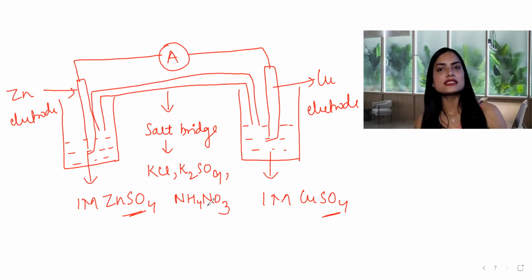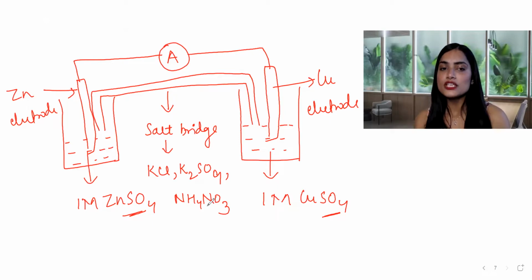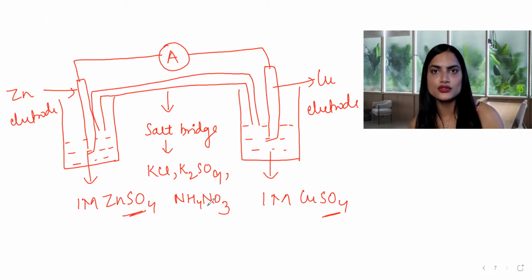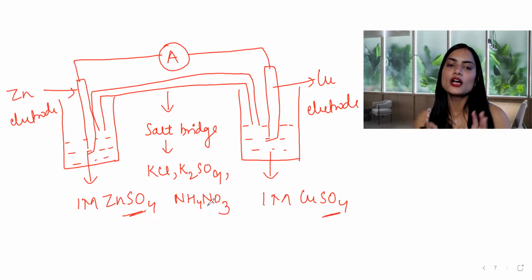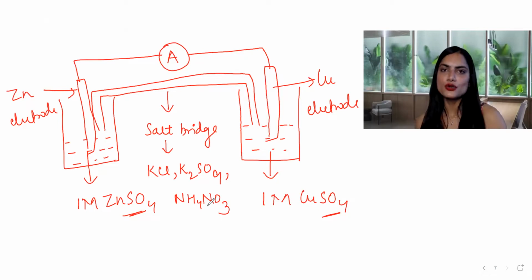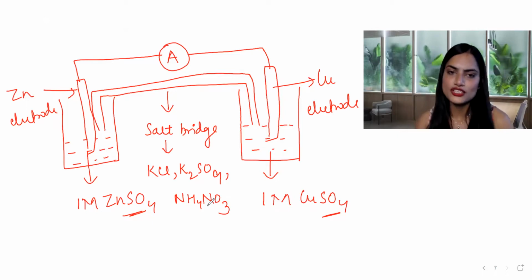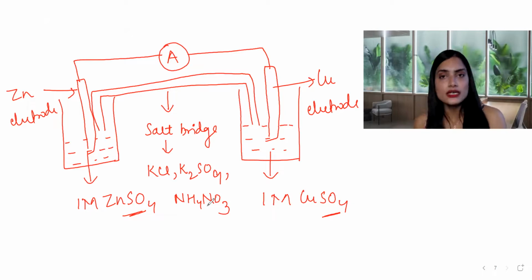That means the circuit is completed externally, and internally the ZnSO4 and copper sulfate electrolytic solutions are connected through a salt bridge, an inverted U-tube containing a semi-solid solution of inert electrolytes, that is potassium chloride and ammonium nitrate. And we can take other inert electrolytic solutions also.